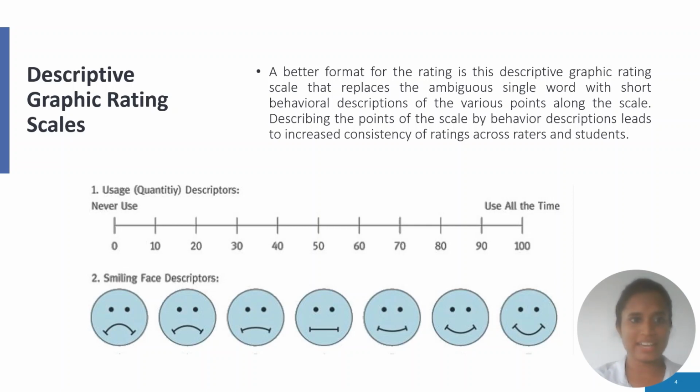Here you can also identify how descriptive graphic rating scales include smiley face descriptors and quantity descriptors. Quantity descriptors have numerical points and smiling faces have a graphical interface for this scale. Those are the two main types of rating scales.